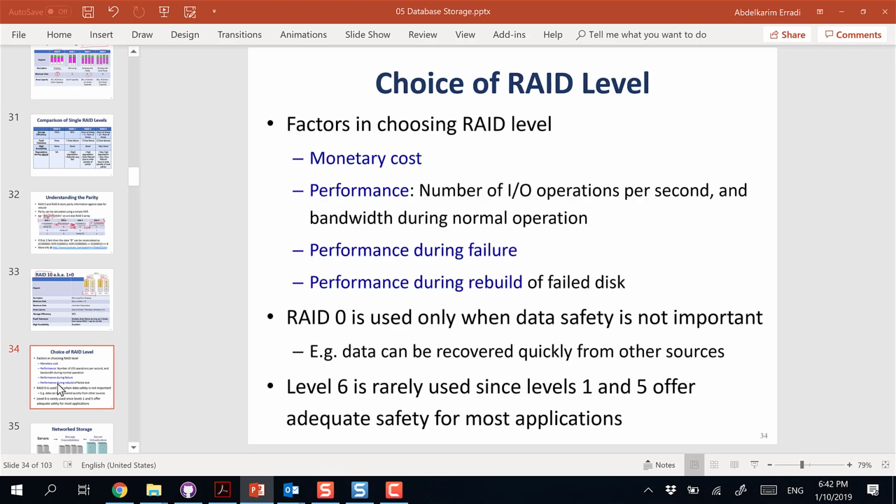The choice of the RAID configuration that you go for is based on the costs, the performance that is desired, and the risks that you can take, the importance of the database that you're trying to manage. The more sophisticated and more advanced the RAID configuration, of course, the more costly to maintain and set up.